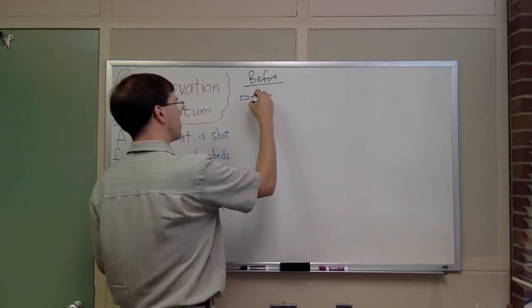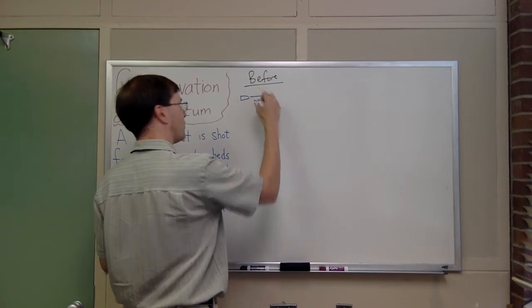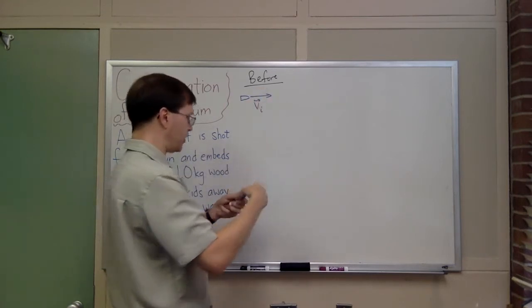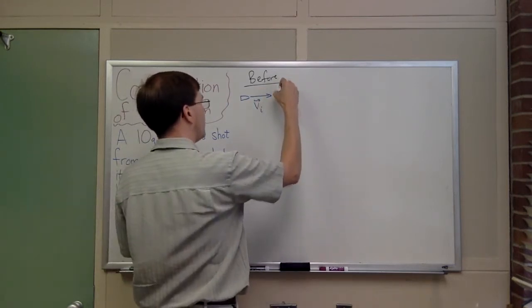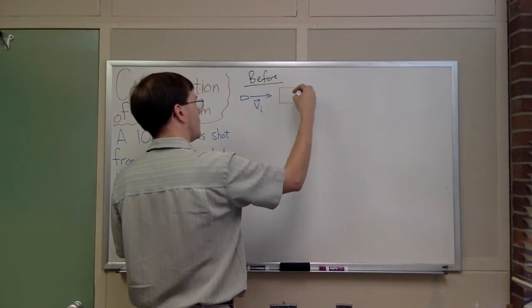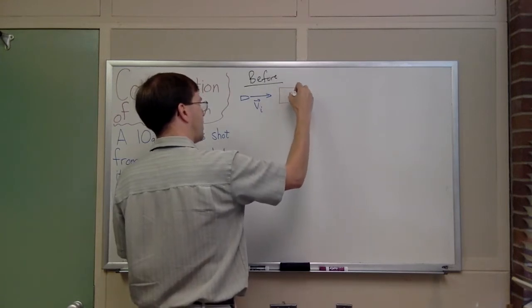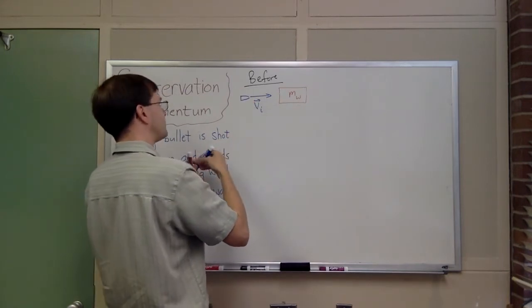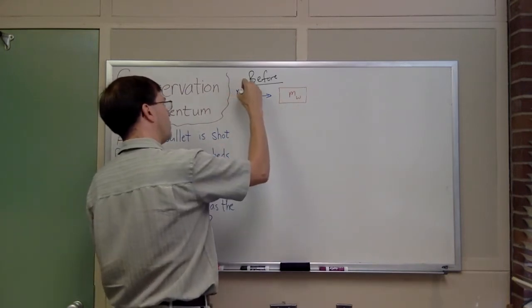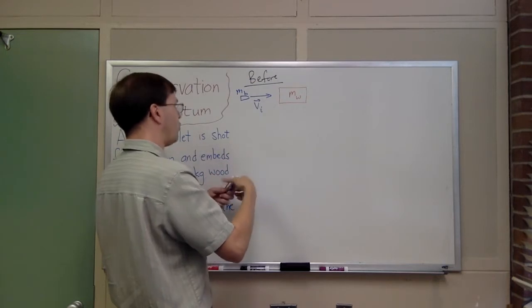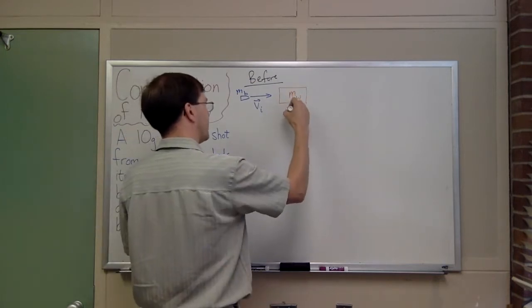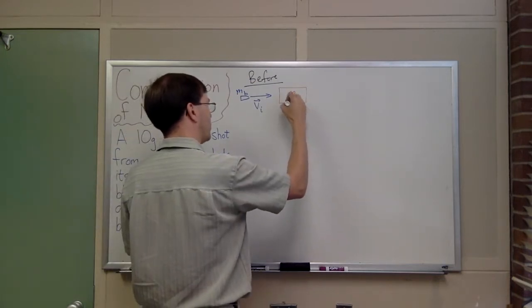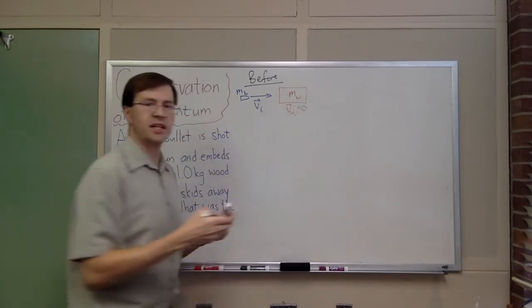Some V initial for my bullet, and it's moving toward a block of wood, which has a mass m wood. The bullet has a mass m bullet, and the block of wood has V wood initial equals 0. It's sitting still to begin with.